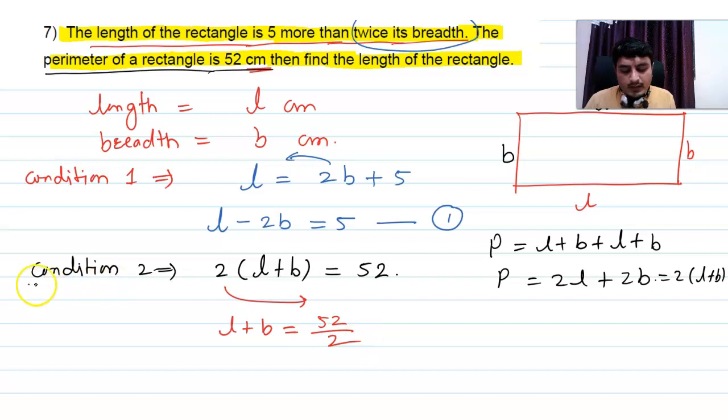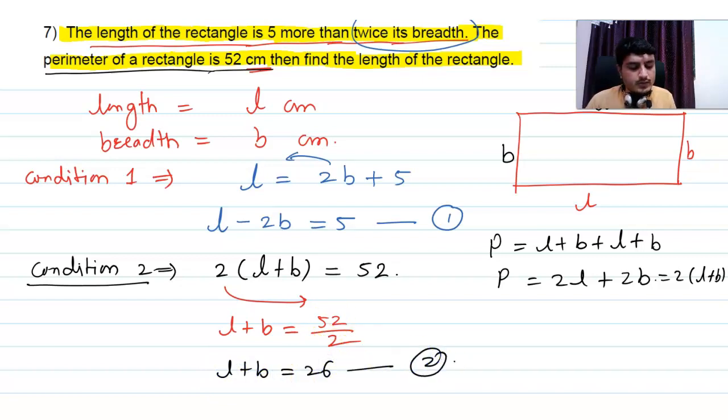So as per the second condition, we get the second linear equation in two variables L and B: L plus B equals 26. Call it equation number 2.